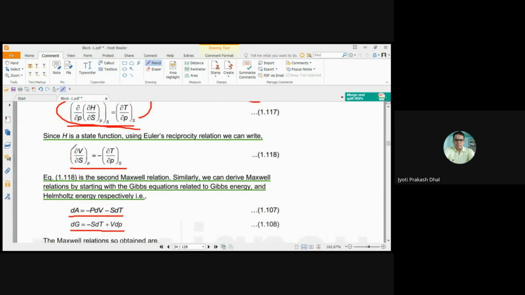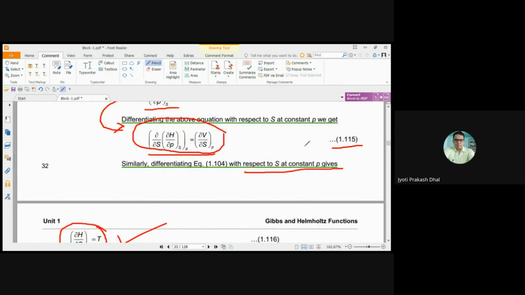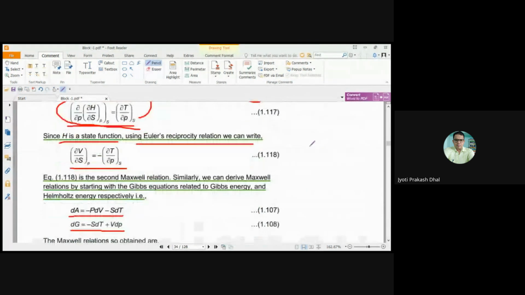And again, enthalpy is a state function, and we can use Euler's relationship. So from equation 1.117 and equation 1.115, we can find the second Maxwell's relationship. This one is the second Maxwell's relationship, that is del V by del S at constant pressure equals minus del T by del P at constant entropy.